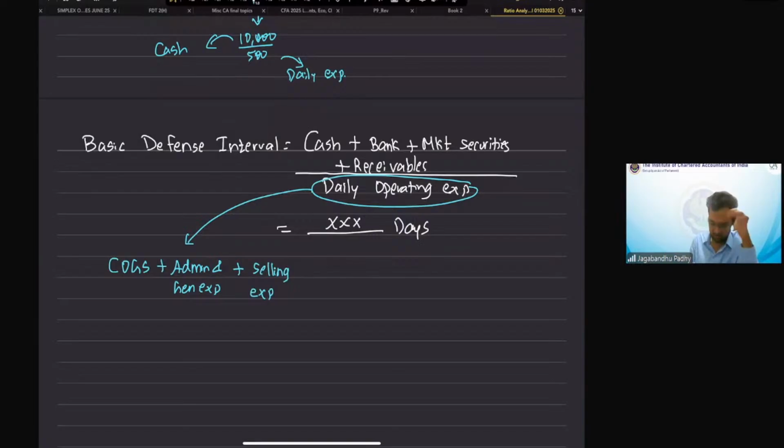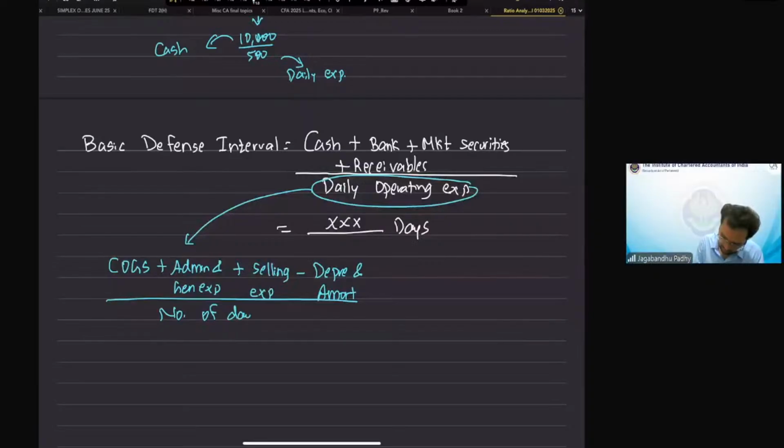And from that, we further subtract depreciation and amortization. So COGS plus admin and general expense plus selling expense minus depreciation and amortization, the whole divided by the number of days in a year.